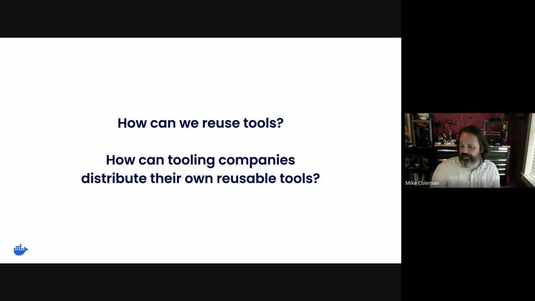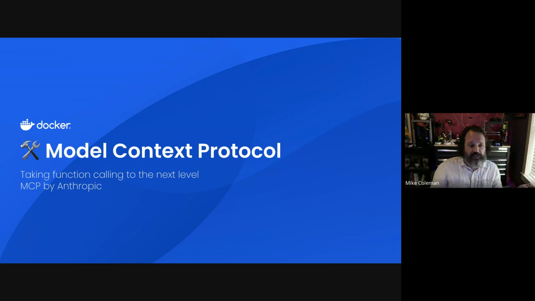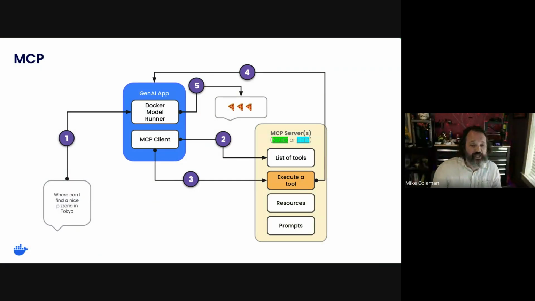The problem is that there's no standard way of doing tool calling today, or there wasn't until about 6-8 months ago, right? If you wrote a time tool, someone else would write a time tool, someone else would write a time tool, right? This is where model context protocol comes in. Model context protocol is a way for you to take tools and standardize them, right?